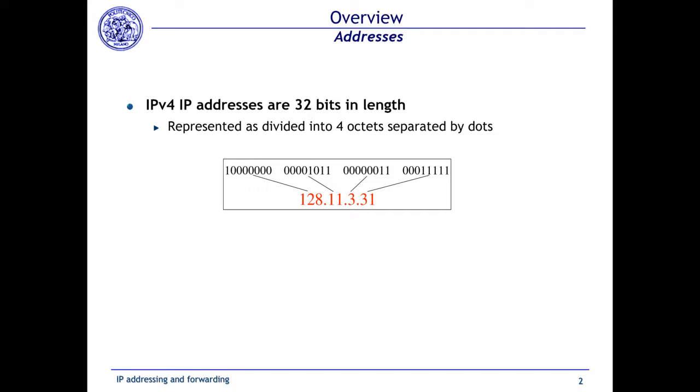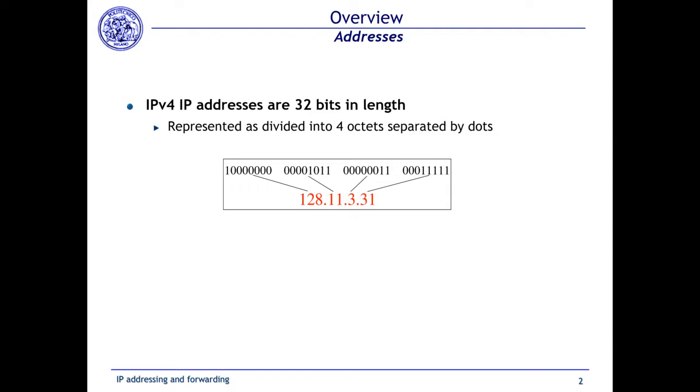So the IP addressing system is based on a numeric address that in the case of IP version 4 is 32 bits. IP version 4 is the oldest implementation of the IP protocol.